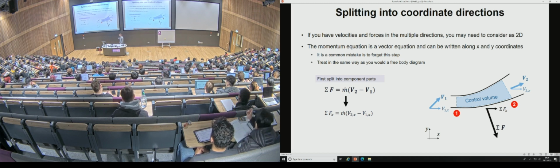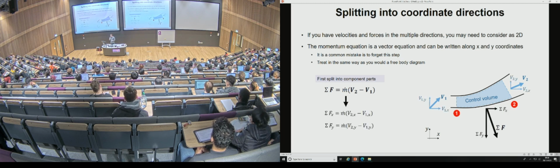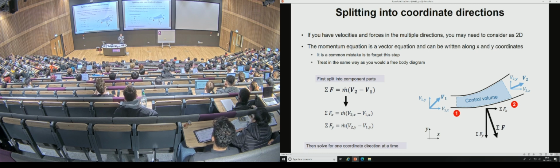So here you've got the exact same equation, just in the x direction. We've taken the component in the x direction and the y direction separately. After that, it's essentially the exact same process. You do it 1 coordinate direction at a time. There's an example of that coming up.